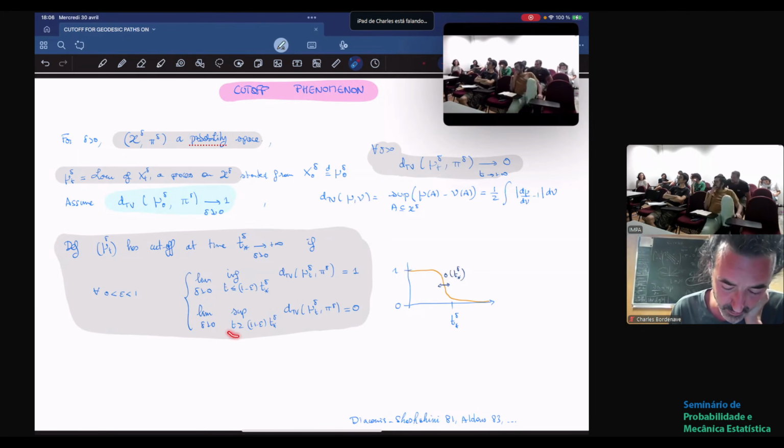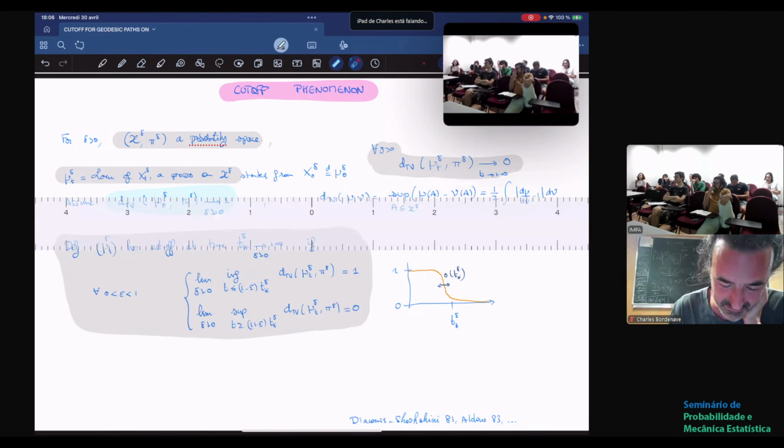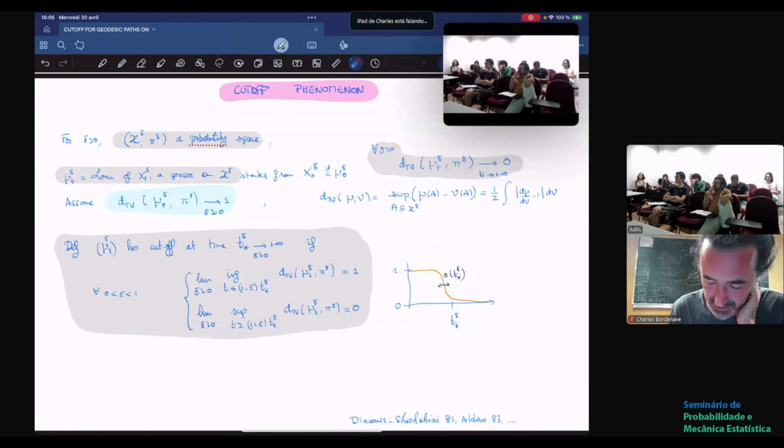But when you are slightly above, this goes to 0 as delta goes to 0. You have probably seen many times this Heaviside function, which describes the cutoff phenomenon. There are refinements where you try to measure what is called the window, which is the amount of time needed to go from 1 to 0 around the equilibrium time.